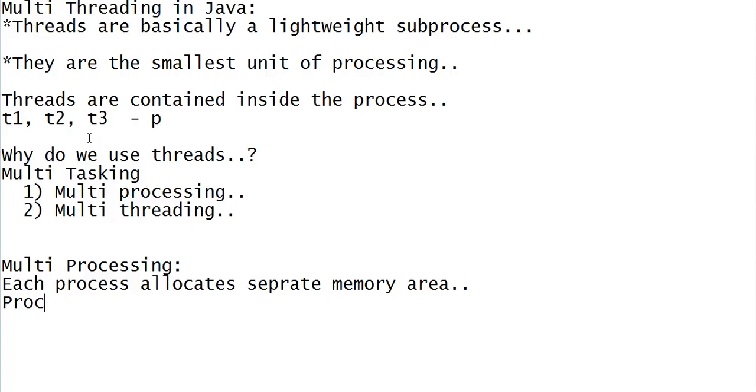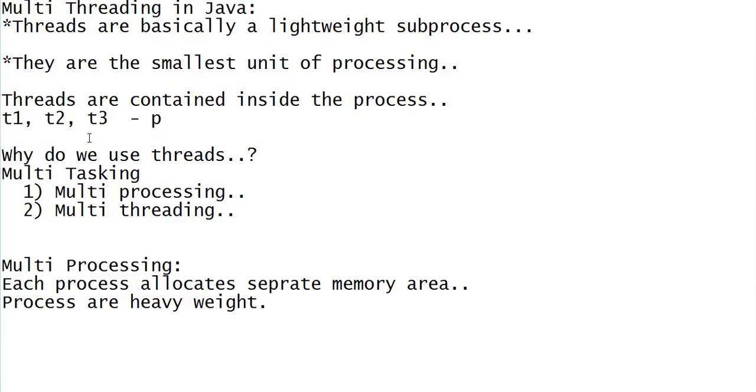Another disadvantage is that processes in multiprocessing are heavyweight. When does a process become heavyweight? A process becomes heavyweight when it takes more time to execute. And when does it take more time to execute?